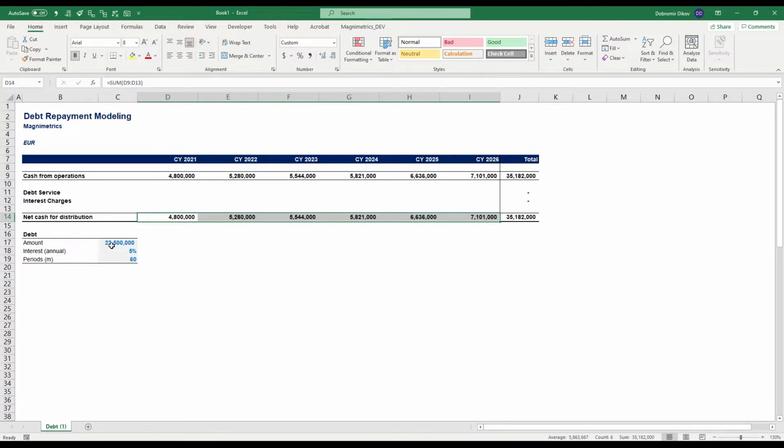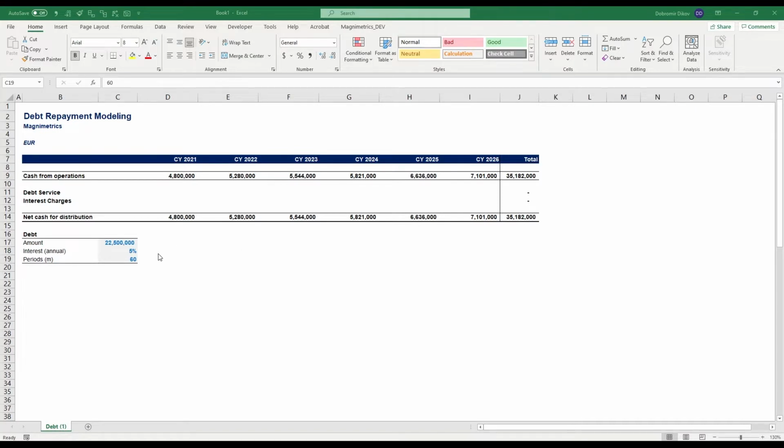So we have the following loan that we've taken out in our first year, 2021. That's 22.5 million at a 5% interest rate and 60 months repayment period. What we want to do is build what's called an amortization schedule.